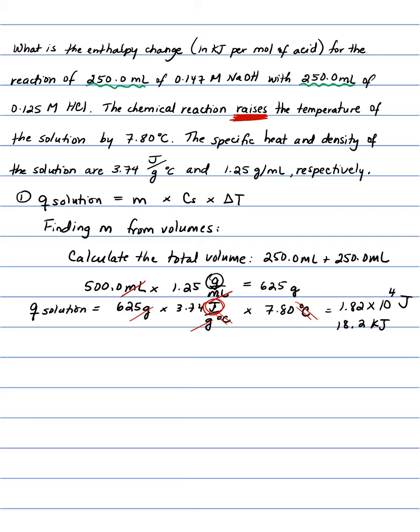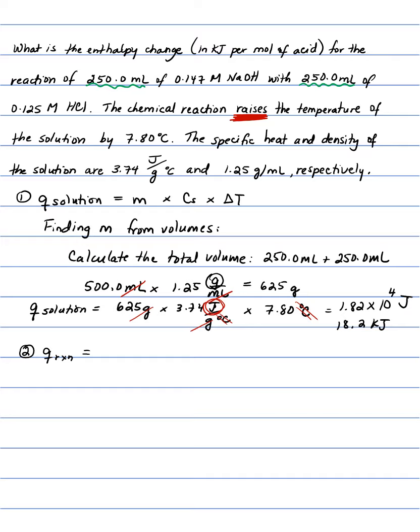So that's my number one. Number two is to find the actual heat for the reaction. So the heat for the solution is a positive number. The solution is actually absorbing heat because the temperature of your solution is increasing.